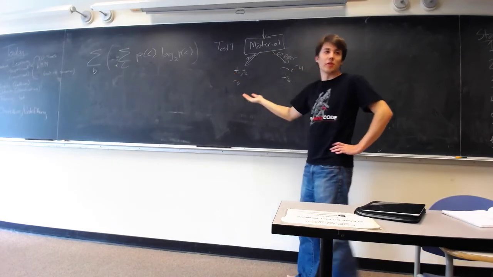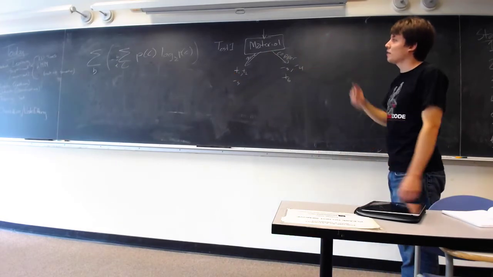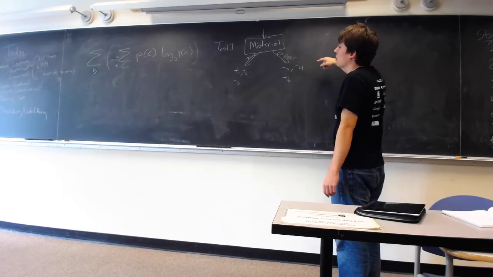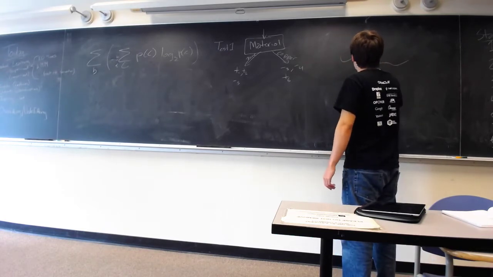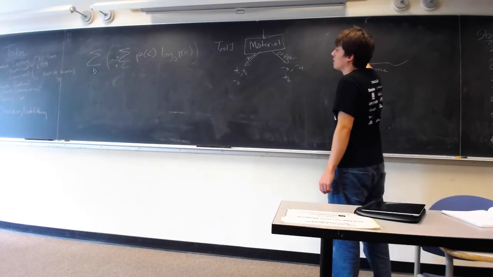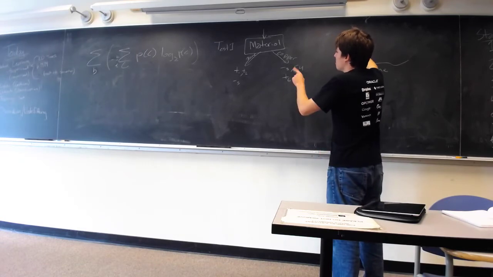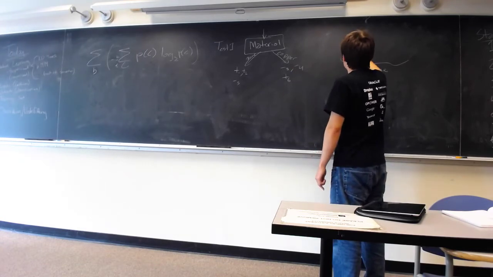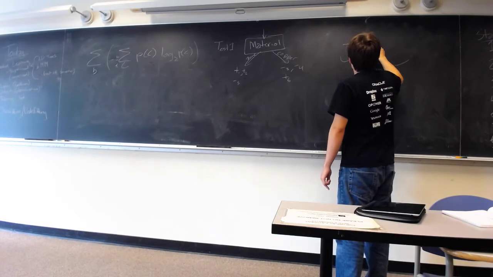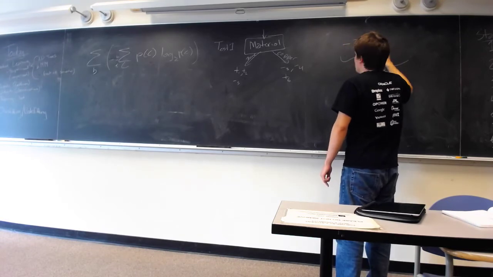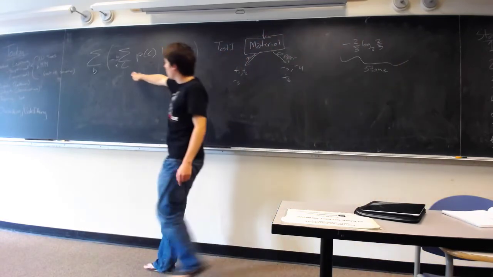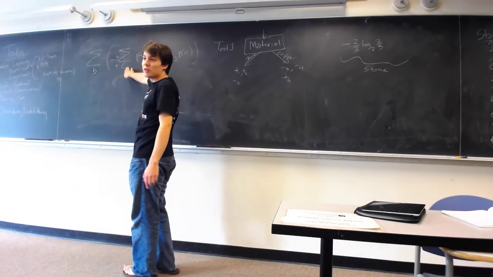So really simple, 2/3. So for the left, for stone, I have minus the probability of being an angel, which is 2/3, times the log base 2 of 2/3. So that's me summing over C. I've already summed over the angels.